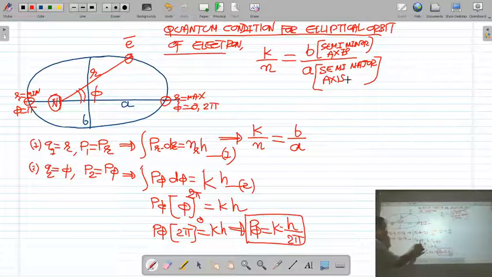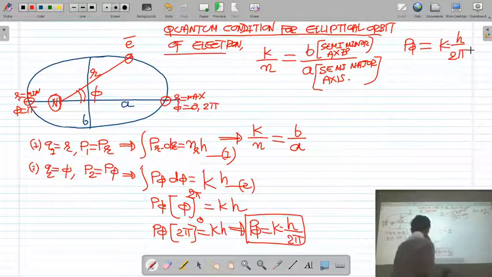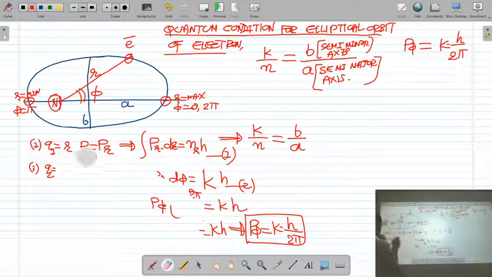And from the second phase integral, p phi d phi is equal to kh, we got the angular momentum of the electron p phi is kh upon 2 pi.